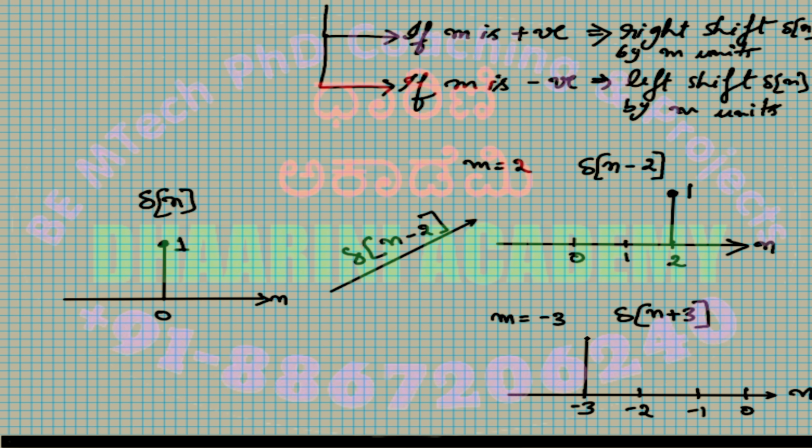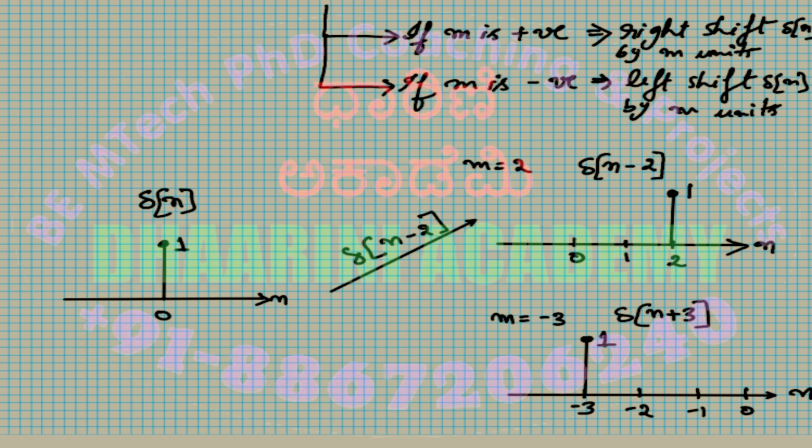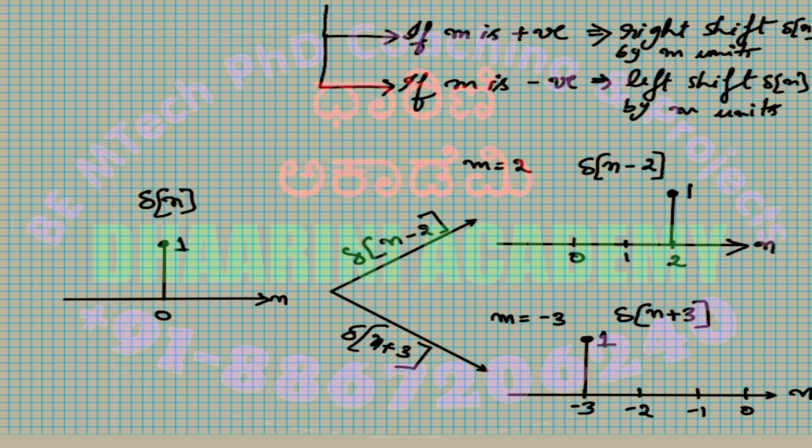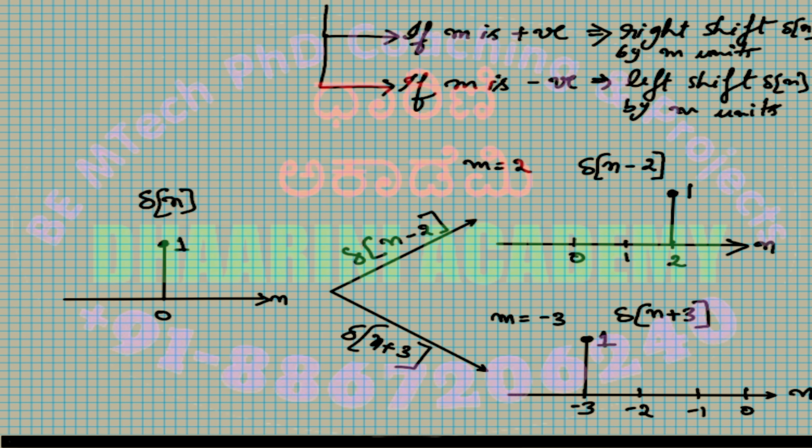At m equal to minus 3 the amplitude is still 1, but the position is changed. This kind of operation is the shifting operation. Here I'm plotting delta of n plus 3. That's how the fundamental things are going to work for us.